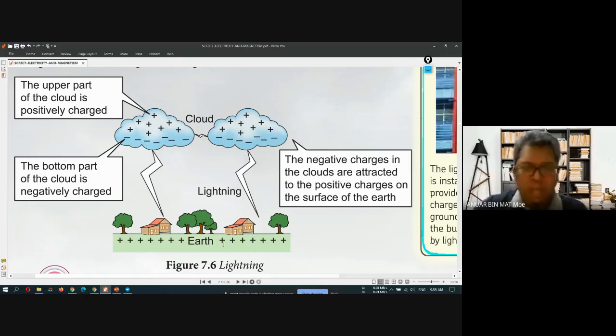Okay, why is the surface of the Earth not neutral? Any idea? Why do you think the surface of the Earth is positively charged?